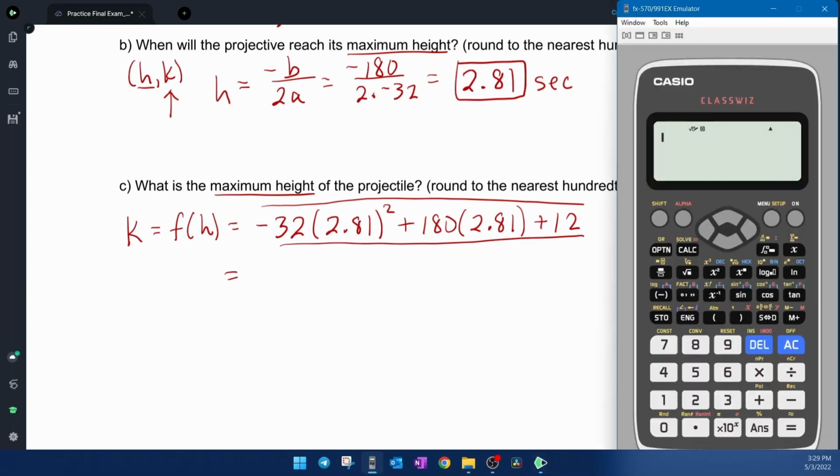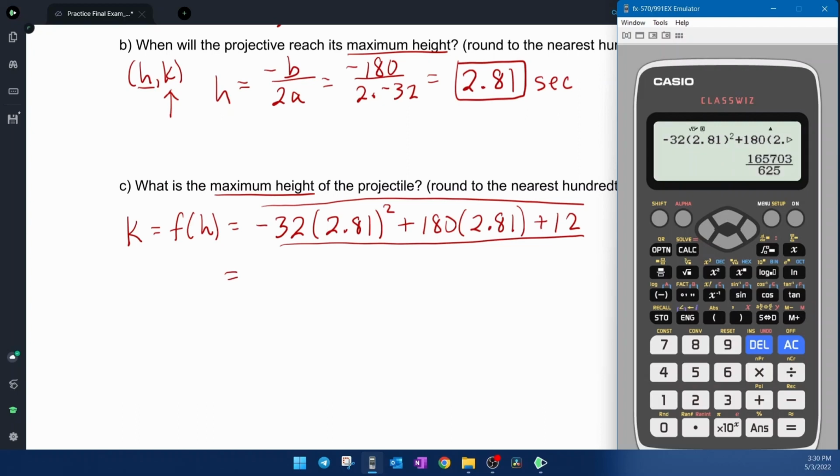We need to pull up our handy-dandy calculator to calculate that value. -32 times 2.81 squared plus 180 times 2.81 plus 12.